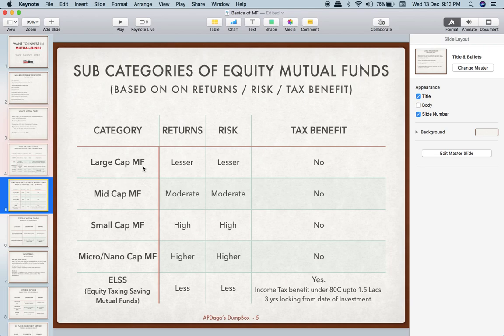Large cap means they invest our amount into bigger companies, like blue chip stocks. Then mid cap means medium companies. Small cap means they invest into small companies.